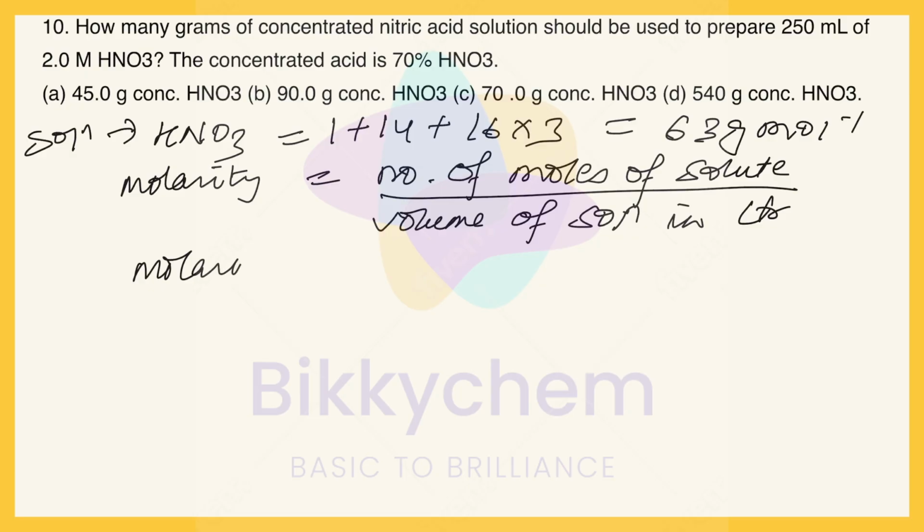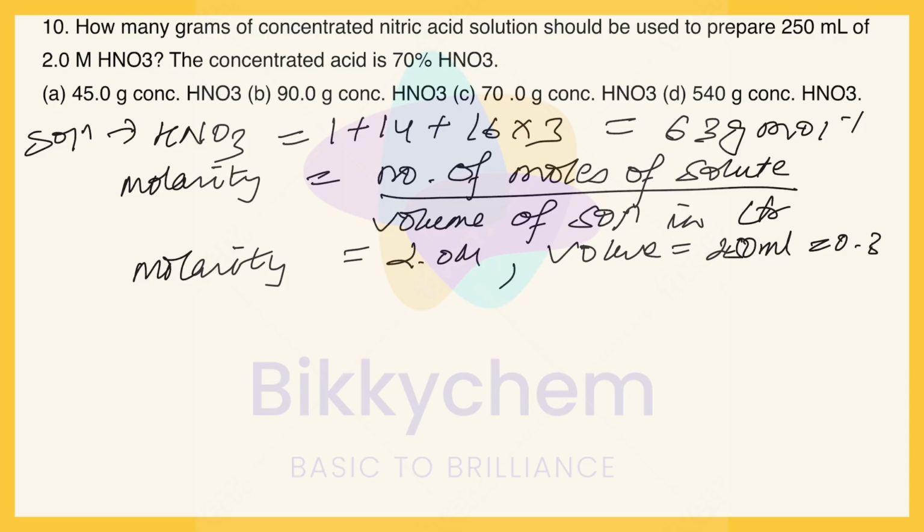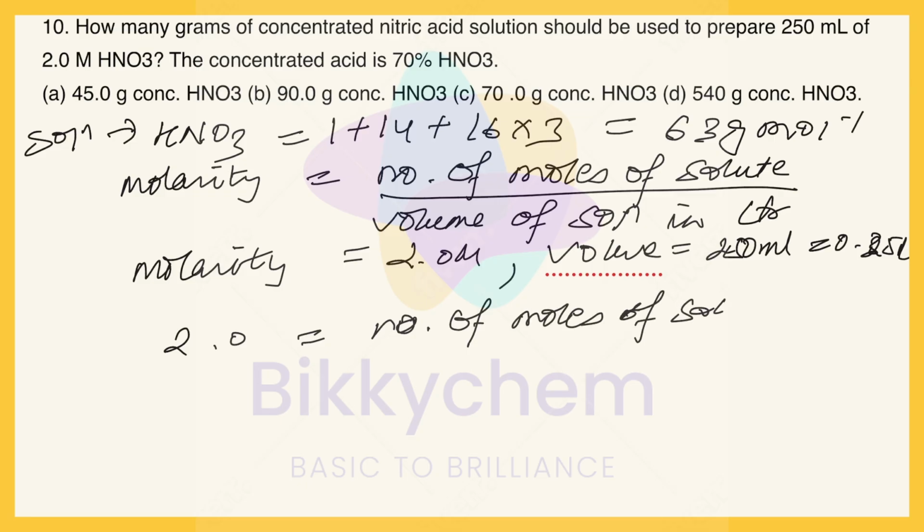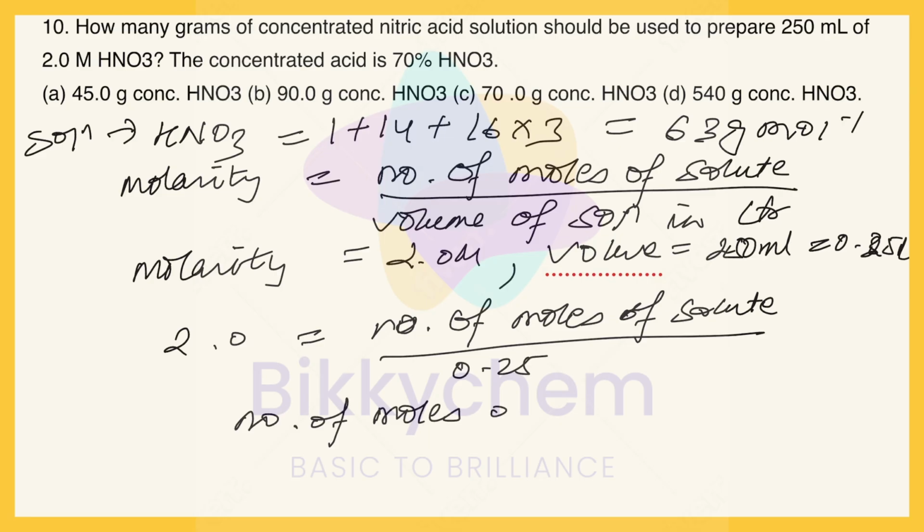Molarity is already given as 2.0 M, volume equals 250 ml, which is 0.25 liter. So putting this value in the equation, 2.0 equals number of moles of solute divided by 0.25. So number of moles of solute equals 2 into 0.25, which is 0.5 mole.